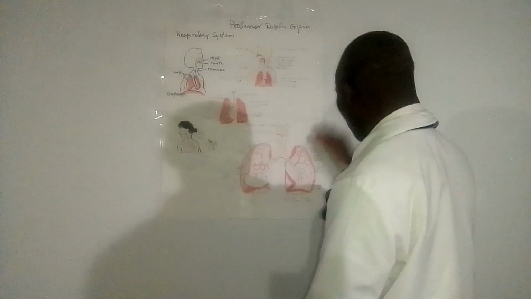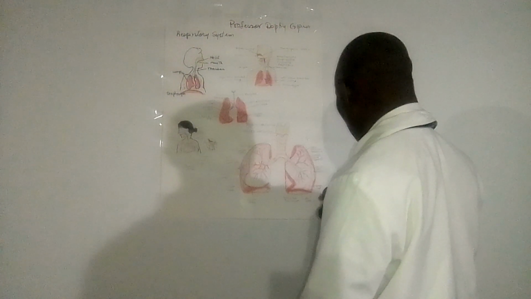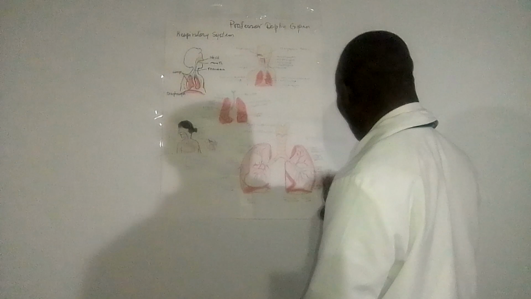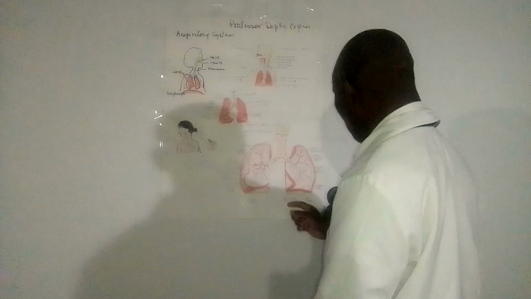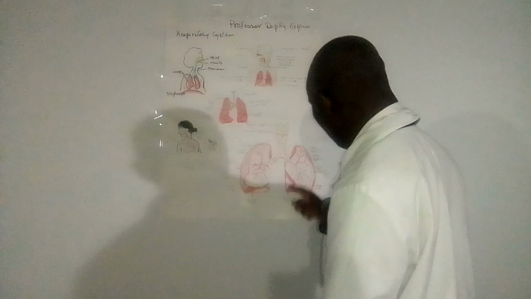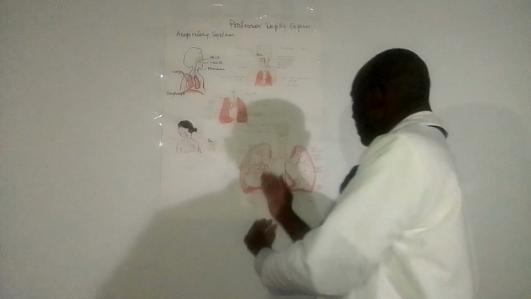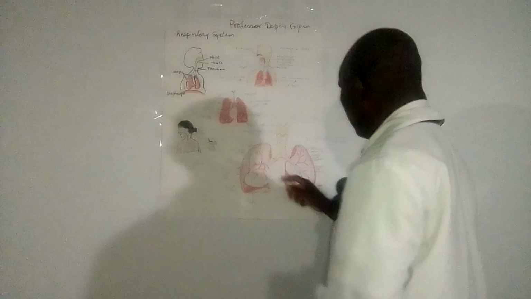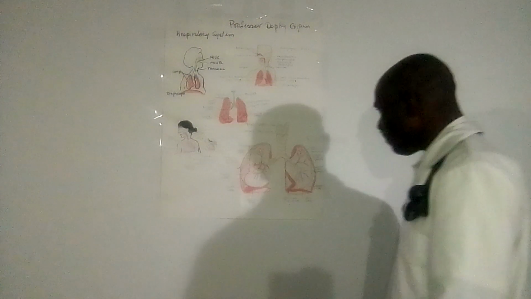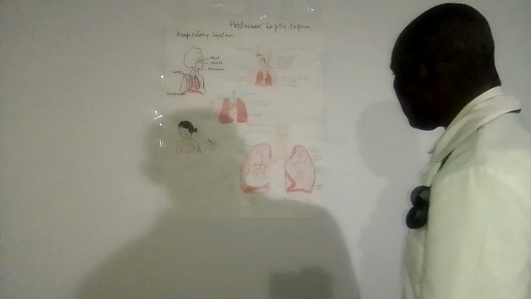The upper lobe, the lower lobe and the middle lobe, and the left lobe, and the notch for the heart, which will be right in here. The heart sort of fits in right between the two lungs there, in its position in the body.